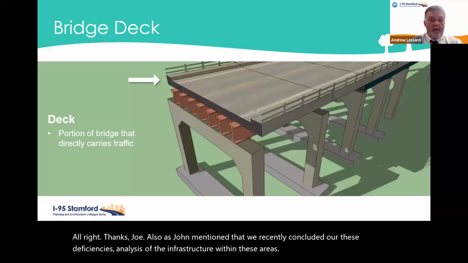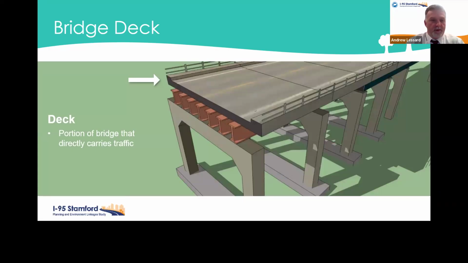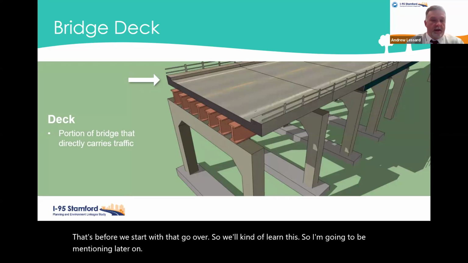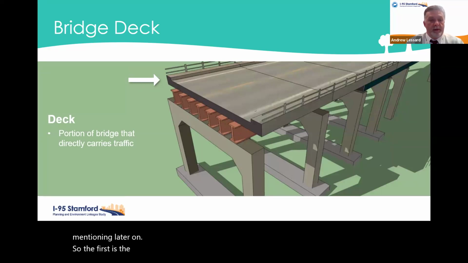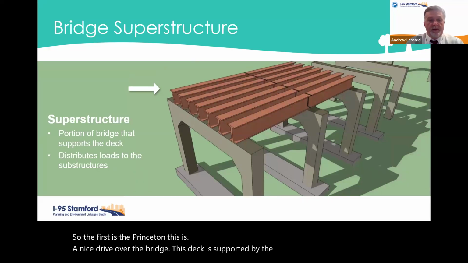But before we start with that, we're going to go over some vocabulary with some of the bridge components that I'm going to be mentioning later on. The first is the bridge deck. This is typically the concrete portion of the bridge that your car drives upon as you drive over the bridge. This deck is supported by the superstructure, which here in Connecticut is typically steel beams or concrete beams.